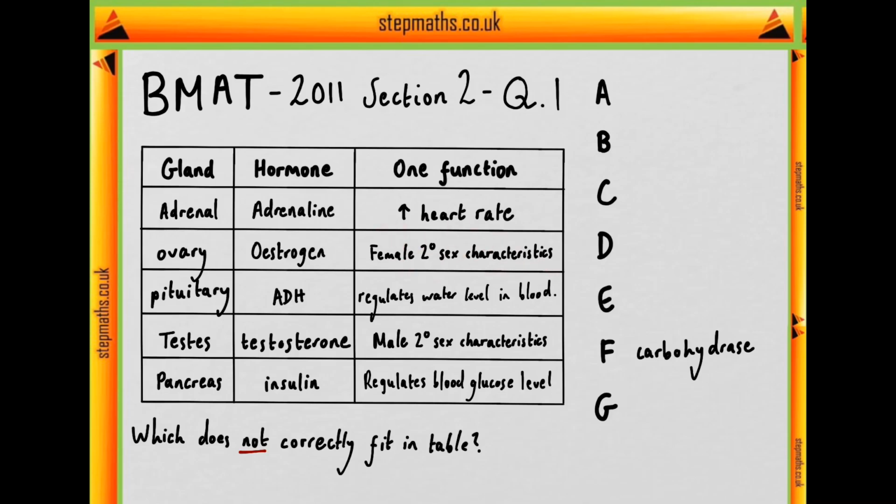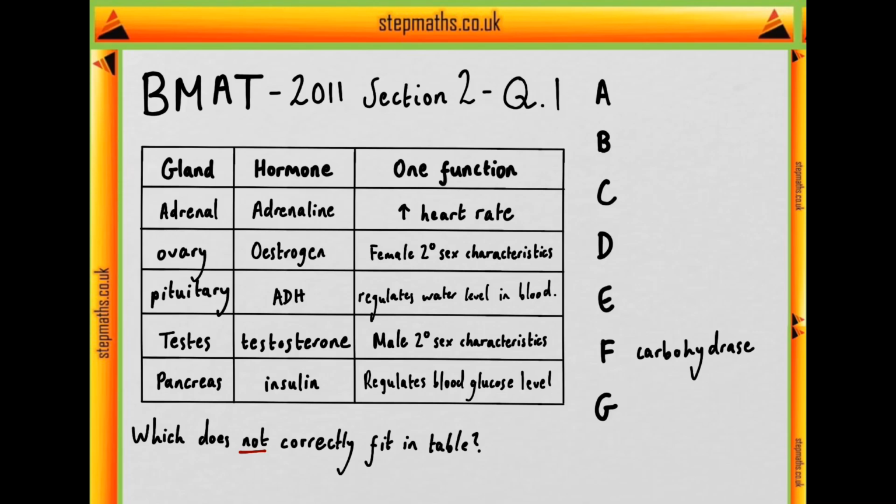And finally, we're left with option F, which is carbohydrase, and something you should have done, perhaps, when going through this question, to find a more efficient means of doing this than what we've just done, is to identify that carbohydrase is an enzyme. It isn't a gland or a hormone or a function of a particular gland or hormone.